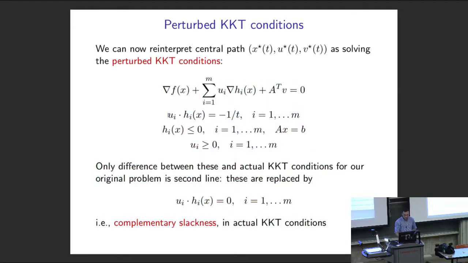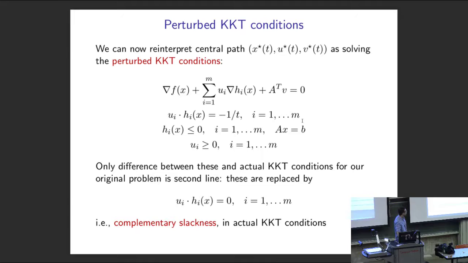By construction, I've introduced u_i to meet this constraint: u_i times h_i of x is equal to minus 1 over t, because I just defined u_i to be minus 1 over t times h_i of x. All of these h_i's have to be less than or equal to 0. That's true from the central path KKT conditions.